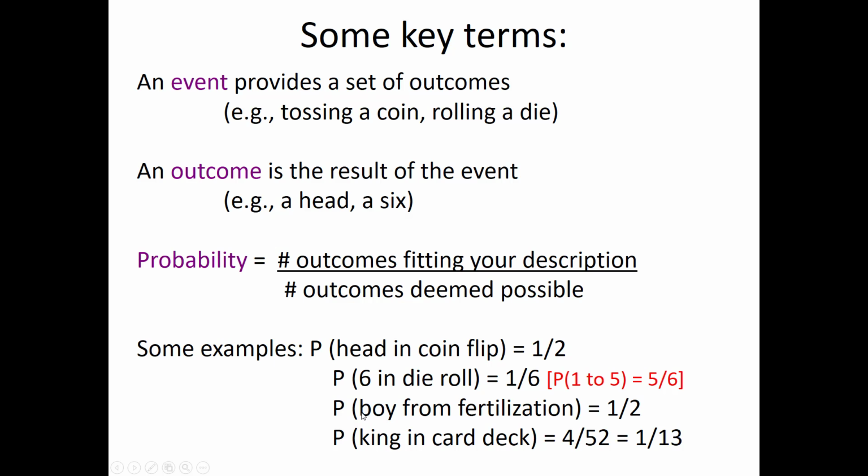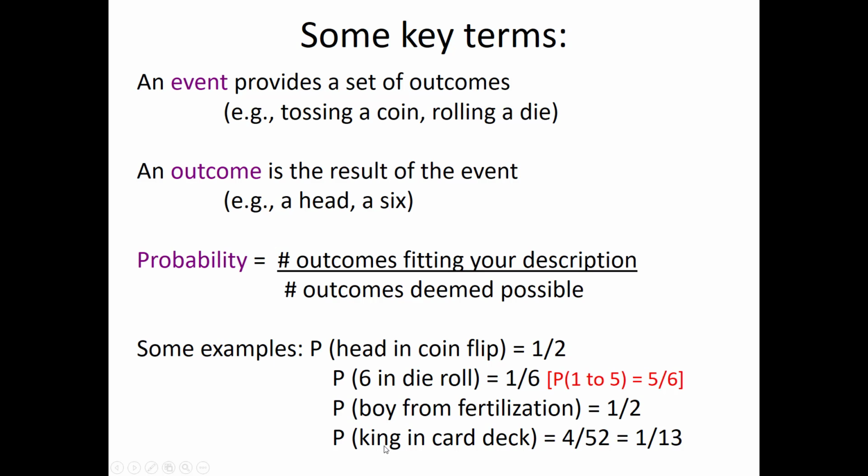If we have a child who is born from fertilization, we say it's either male or female, so that's 2 possible outcomes in terms of the gender, and we're specifying boys, so that's 1 out of 2.